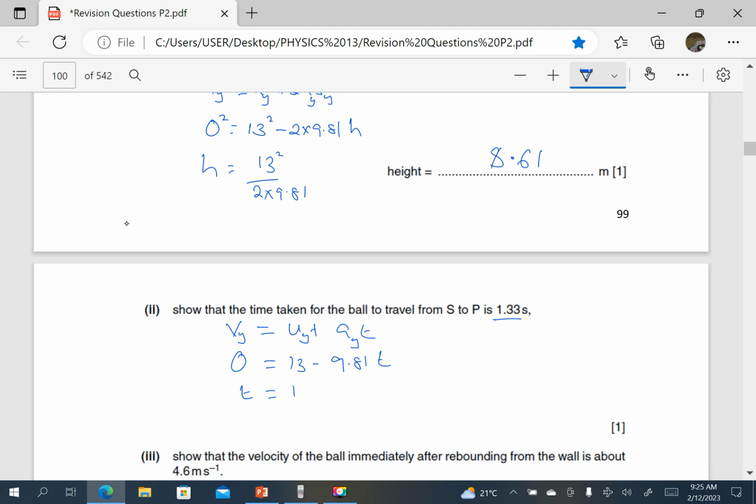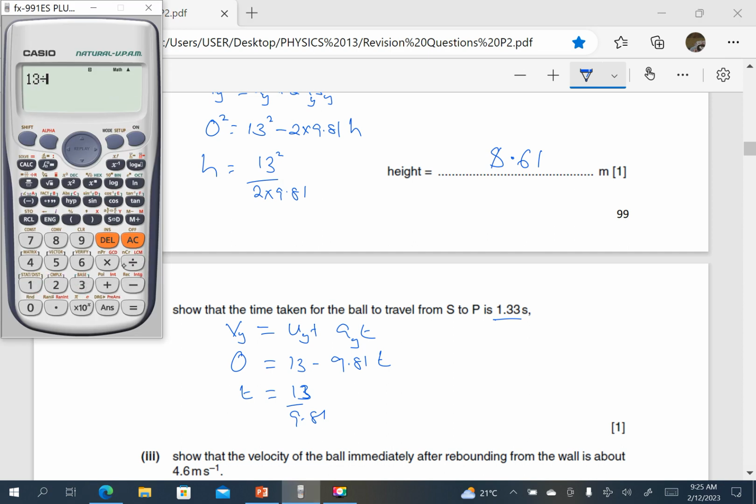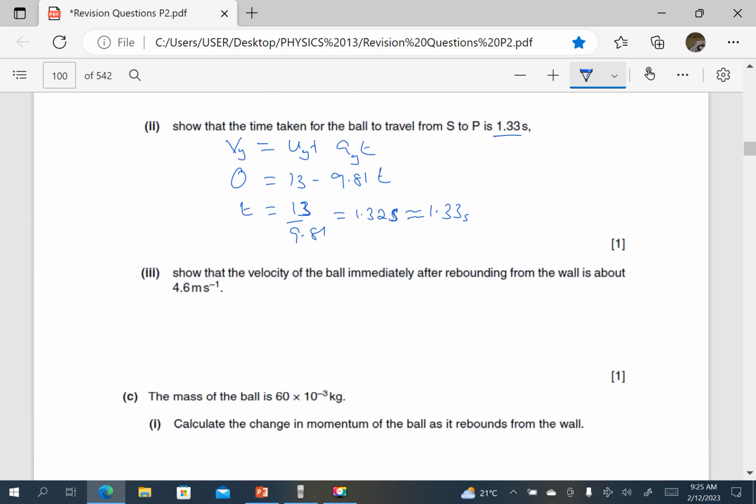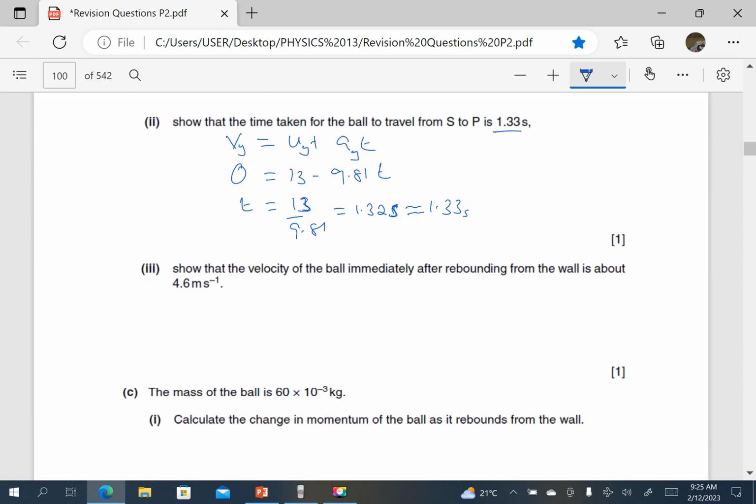So t is going to be 13 divided by 9.81, which is 1.325, which is approximately 1.33 seconds. Show that the velocity of the ball immediately after rebounding from the wall is about 4.6 meters per second.